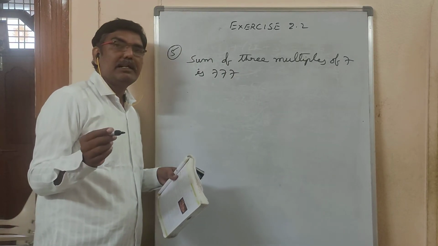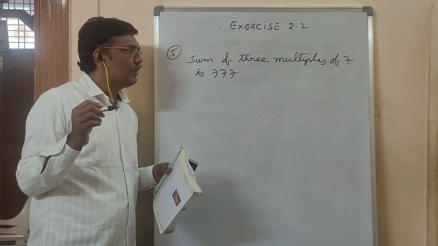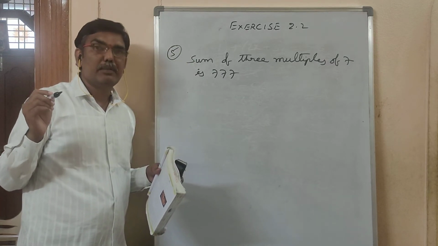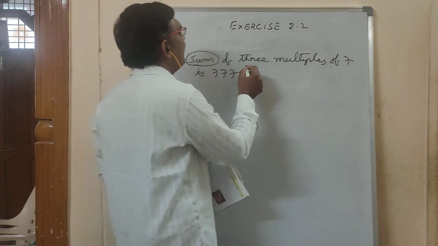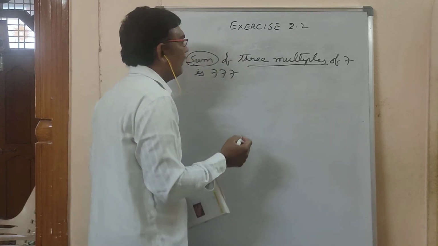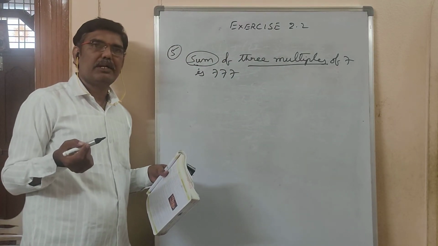See, I said that in questions other than English, in English only mathematical terms will be there. So, sum means, you should know 3 multiples. Multiple means, what is multiple you should understand first. Okay.